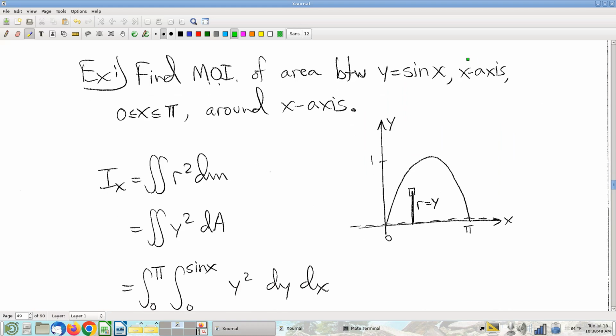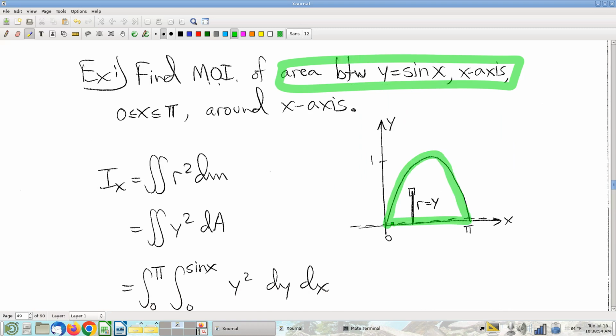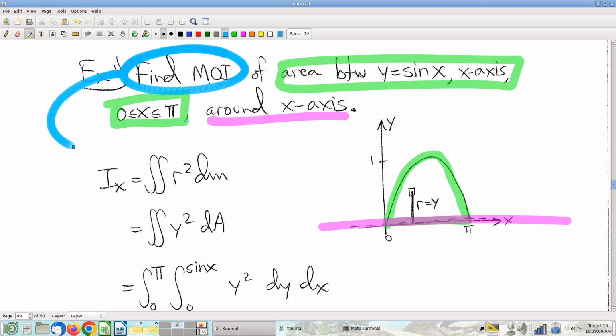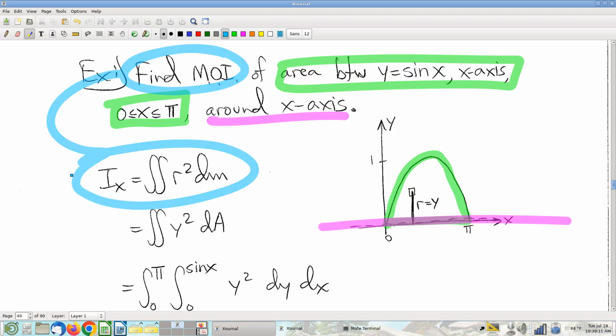So let's do one. Let's consider this area right here, where x goes from 0 to pi. And I'm going to talk about rotations around the x-axis. There's the x-axis. And I want to compute the moment of inertia. Well, moment of inertia is a pat formula that we have. It's always the integral of r squared dm. You just have to figure out where r is.